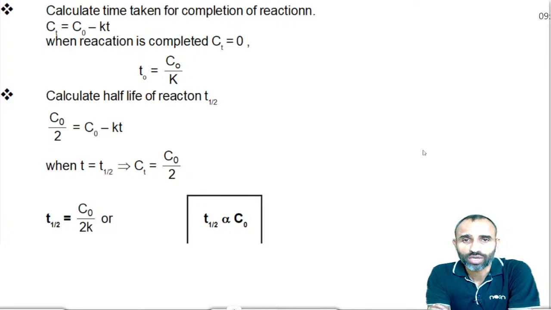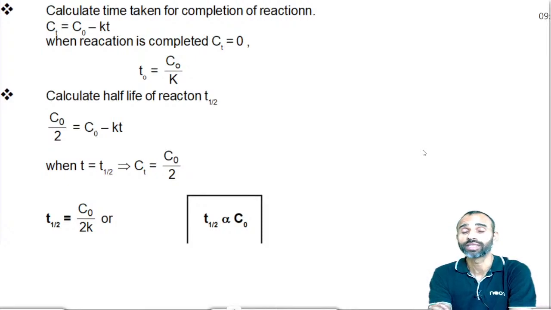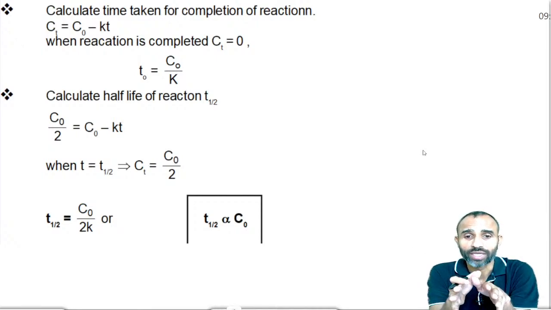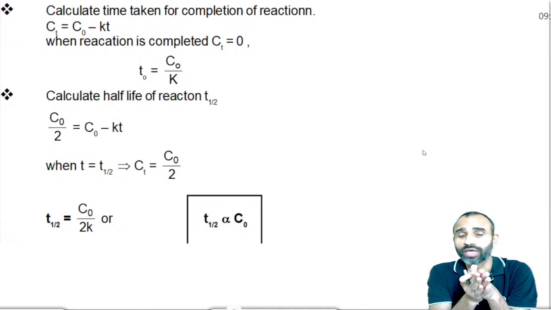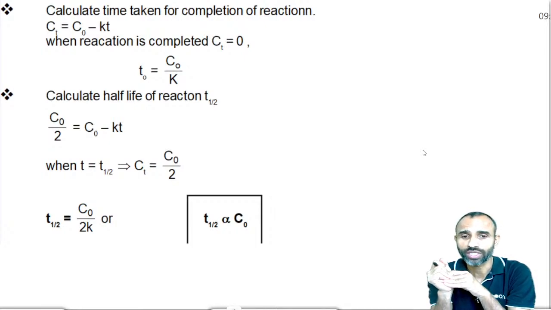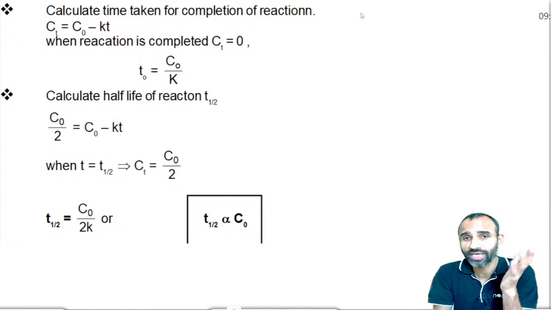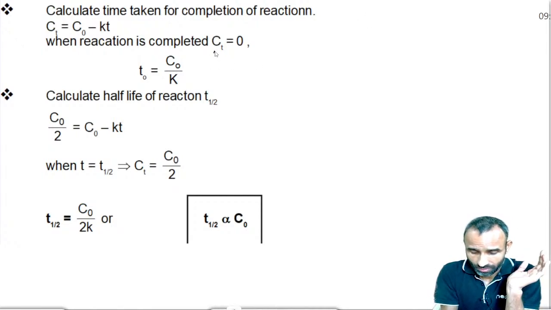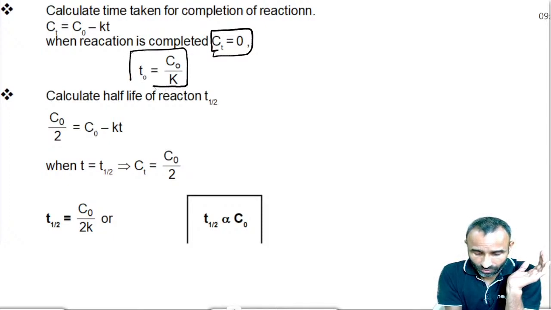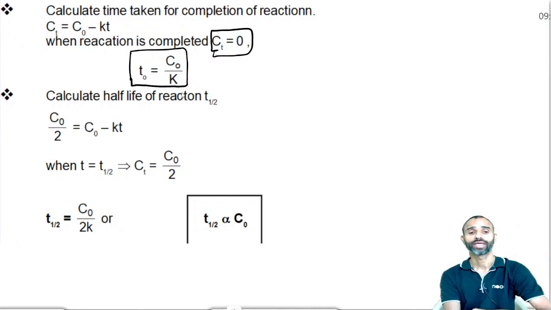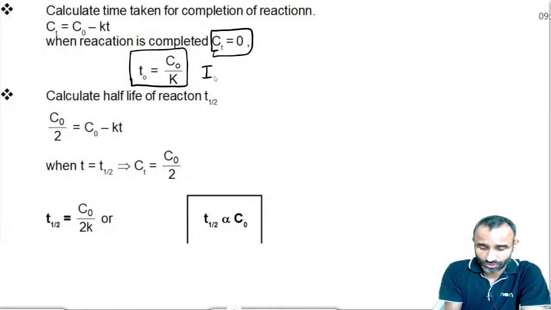There is only one reaction which can be completed, that is the zero order reaction. For a zero order reaction to be completed, that means the reactant is completely consumed, Ct is 0. In that case, the time for the completion of the reaction comes out to be C naught by K. It's also important.